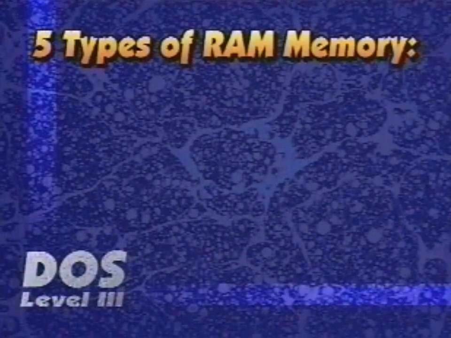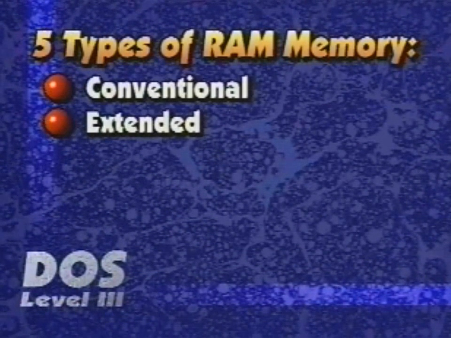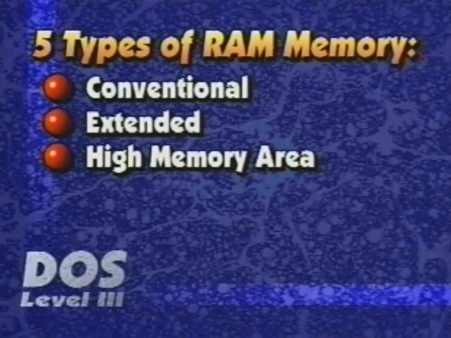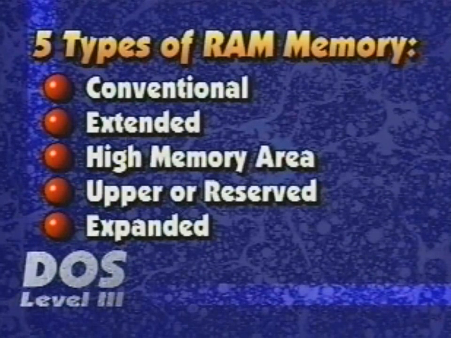The 5 types of RAM memory are conventional, extended, high memory area or HMA, upper or reserved memory blocks, UMBs, and expanded memory. The different types of memory reflect the growth of DOS and of computing power over the years rather than any significant physical differences in memory chips.